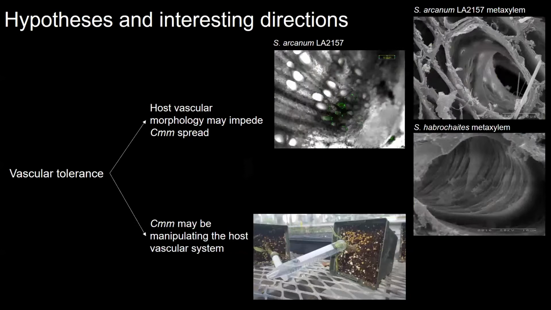We're also interested in looking at how the bacterium alters the host xylem environment, and we're using sap metabolomics to try to understand that both in the tolerant and the susceptible species. So that work will be coming within the next year.